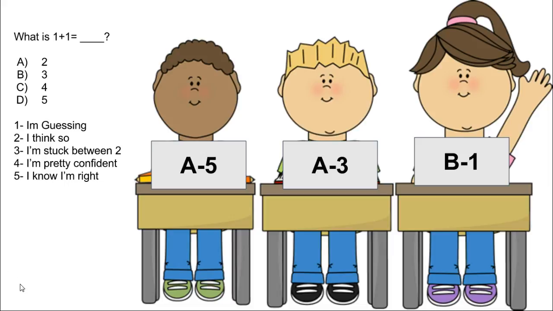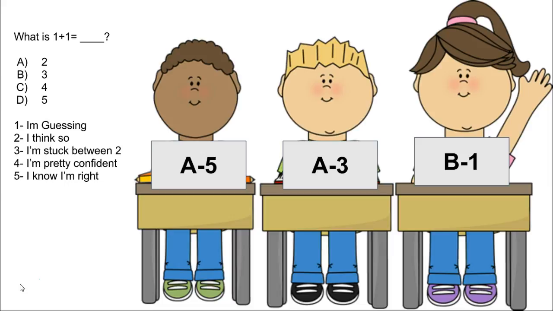And then, as you can see, there's a board, or it could just be a piece of paper in front of each student. They'll write down which answer they thought it was, and they'll give it a numeric value. Usually I just put the scale up on the board. 1 means that they really don't know the answer and they're just taking a complete guess, to 5, they're very confident that they know that they're right.